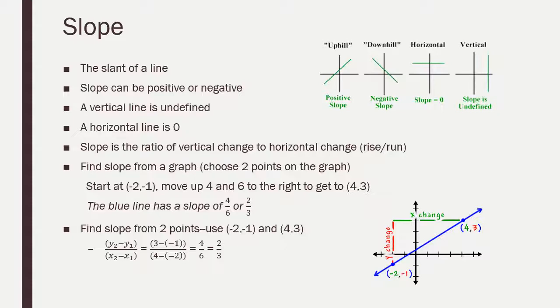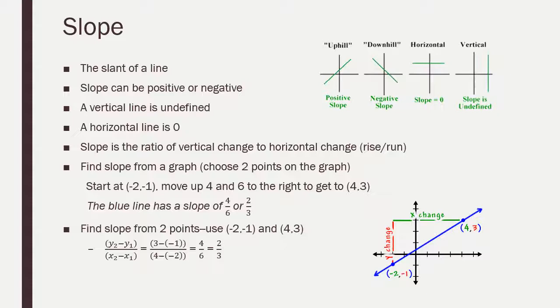Now, a slope in general is just the ratio of the rise to the run, or the vertical change over the horizontal change. You should be able to find the slope from a graph, and I've got an illustration down here in the bottom right. If you find 2 points on the graph that cross at grid lines, or if you're given the points, you can count the spaces from one point to another.